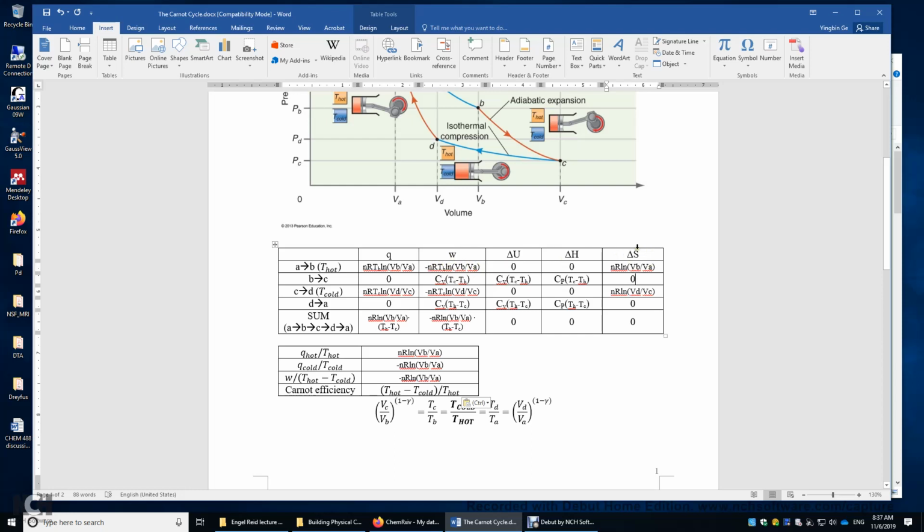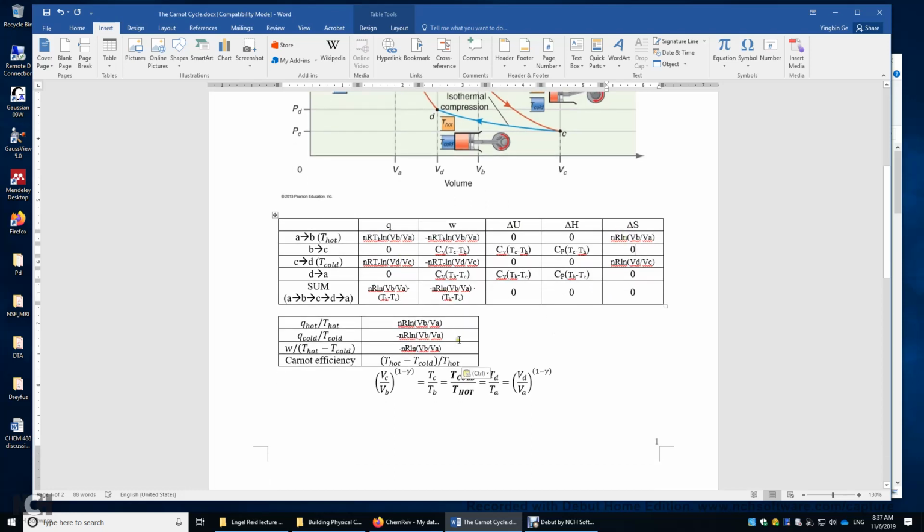And also for entropy change, we need to use the integral of the Q reversible over T. And then overall, we filled in these 25 blanks. And then we see that the ratio between Q hot and T hot, the ratio between Q cold and T cold, the ratio between work and T hot minus T cold, these 3 ratios are almost exactly the same, except for this negative sign here and this negative sign here.